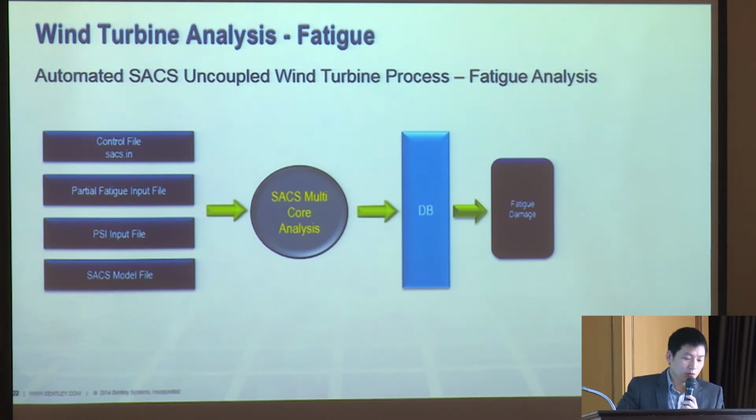And in the same way, we use the SACS multi-core analysis to solve the different load cases by a time history simulation. And the total fatigue damage is accumulated from all the load cases in the control file.